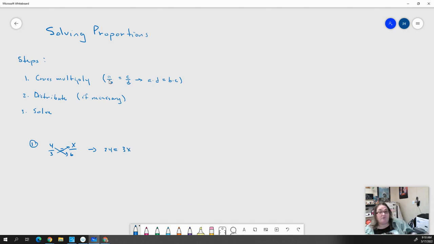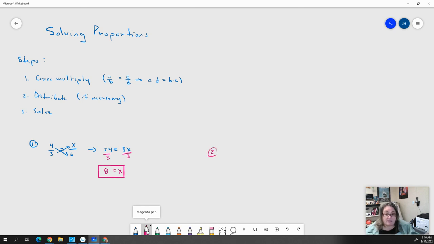And then we could just solve this problem for x by getting x by itself, isolating that variable. The only thing being done to x right here is that it's being multiplied by 3. So I could just divide both sides by 3, and I would get 8 equals x. And that would be our solution.